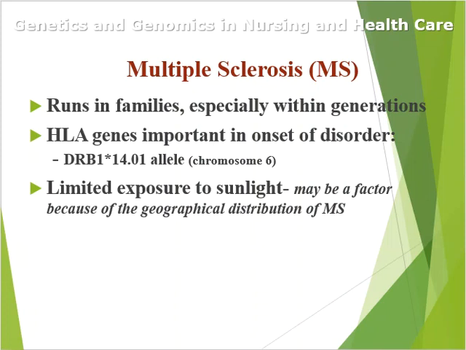The human leukocyte antigen genes are important in the onset of this disorder, and it is on the DRB1 14.01 allele of chromosome 6. It was that picture of that chromosome a few slides back. Limited exposure to sunlight, they think, may be a factor just because of the geographical distribution of MS, in areas where there's not a lot of sunshine.